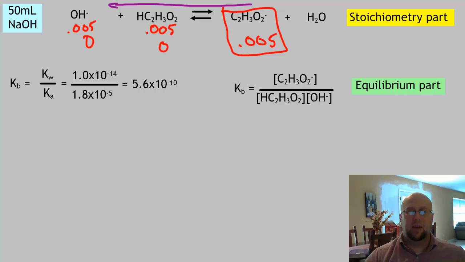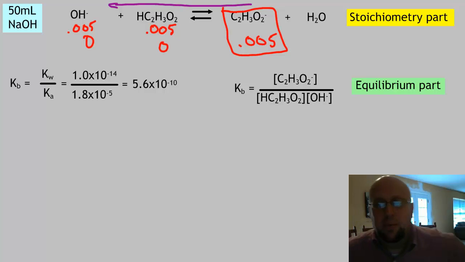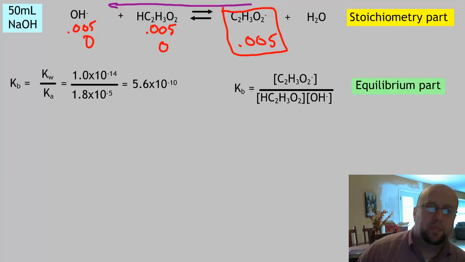It's been fully consumed, and so now what I have left is a base, and that base is basically every time going to react with water, and it's going to produce these two things. So that changes up the dynamics of what we're doing here just a little bit. Now we've got a Kb value instead of a Ka value.